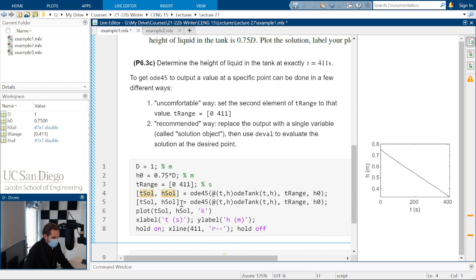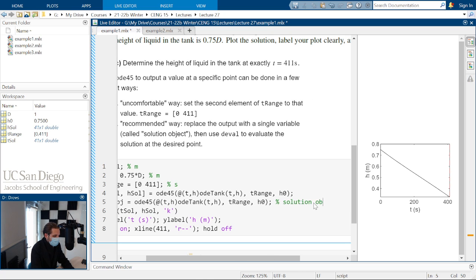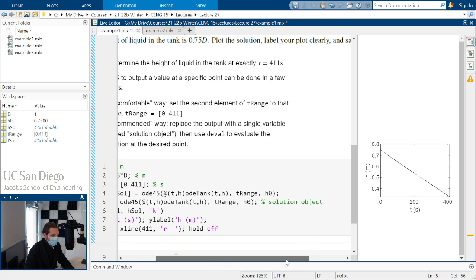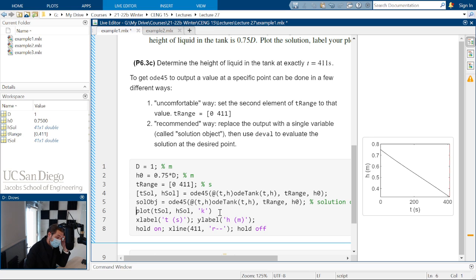Let's just leave the first one since we're going to use it anyway. Instead of tsol and hsol, we can ask it for a solution object. I call it solobj to remind myself that this is a solution object, but you can call it anything you want. You can call it A if you want. That's perfectly fine.